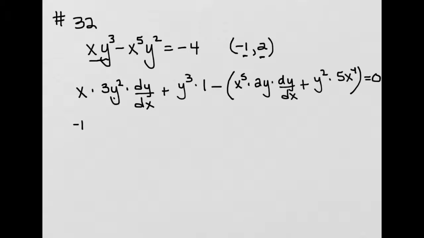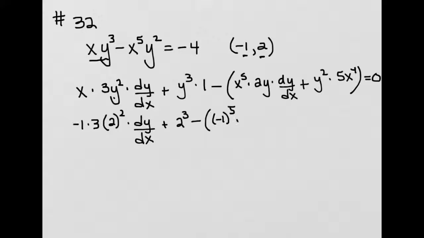So that means we have -1 times 3, times y squared, so that's 2 squared, times dy/dx, plus y to the third, so that's 2 to the third times 1, which is just 2 to the third, minus x to the fifth, which is -1 to the fifth, times 2y, so that's 2 times 2, times dy/dx, we don't know what that is, plus y squared times 5 times x to the 4th power equals 0.